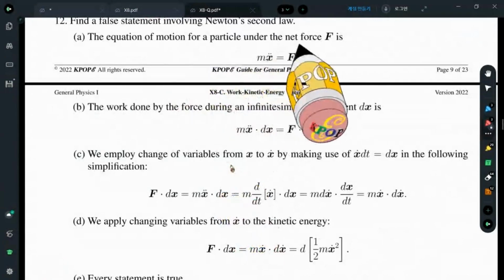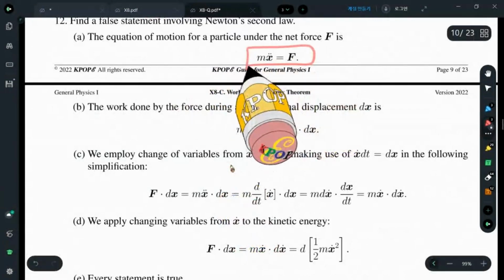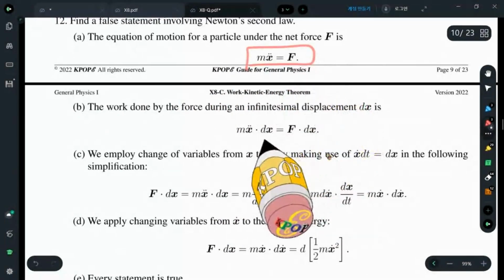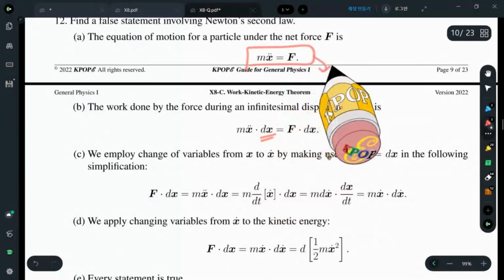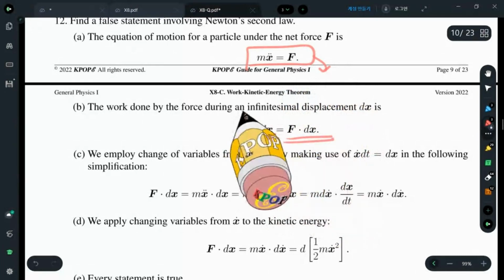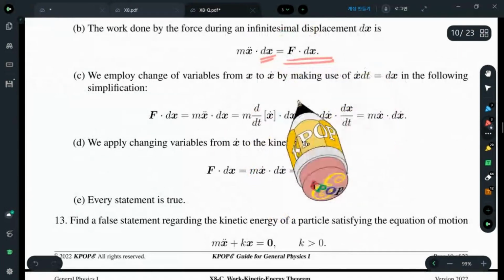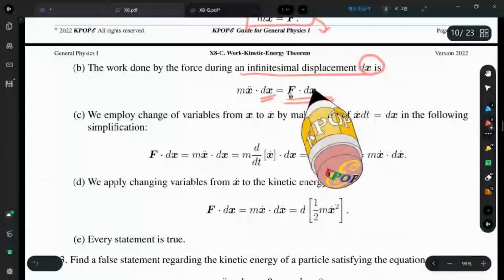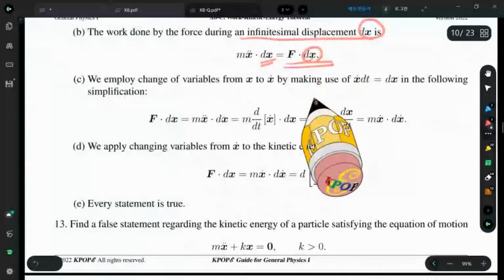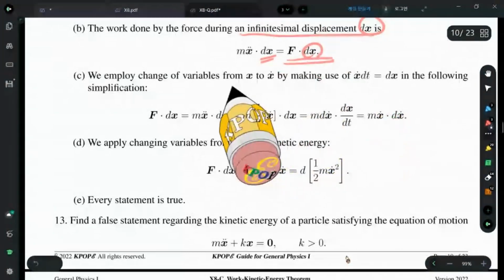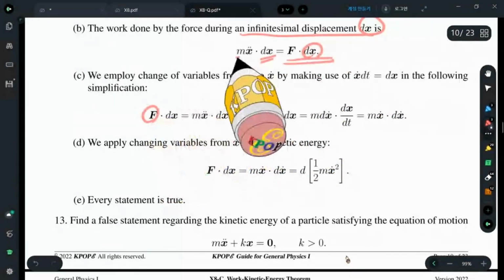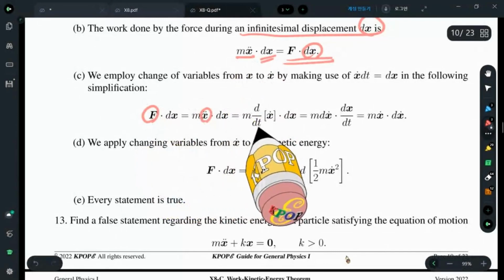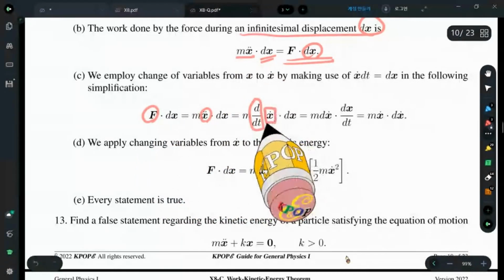Number 12. The equation of motion for a particle under net force is this, Newton's second law. Multiply by dx here. That's fine. This is the work done by this force during the infinitesimal displacement dx. And then we substitute F equals m a here, and this is the time derivative of velocity.